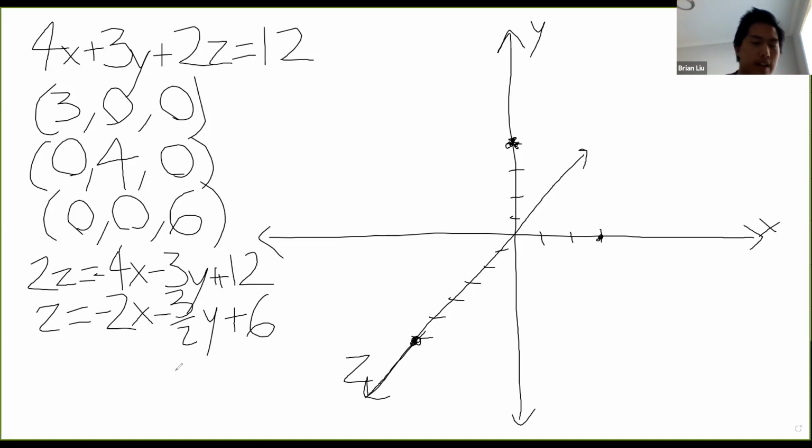So if x is 0, then z equals negative 3 over 2y plus 6.